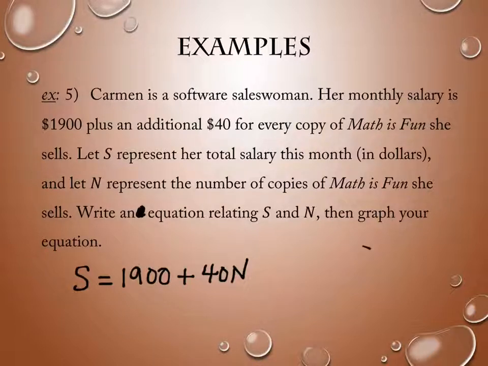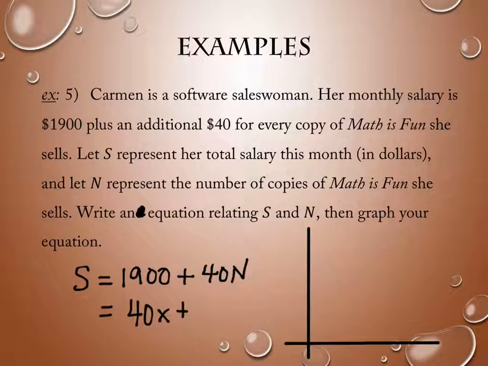Now, in terms of graphing this equation, when you do these on your homework, they'll give you, of course, an XY axis. But for what we're doing right now, just understand that this is the y equals mx plus b form, right? This is like 40x plus 1900. So the 1900 would be your y-intercept.